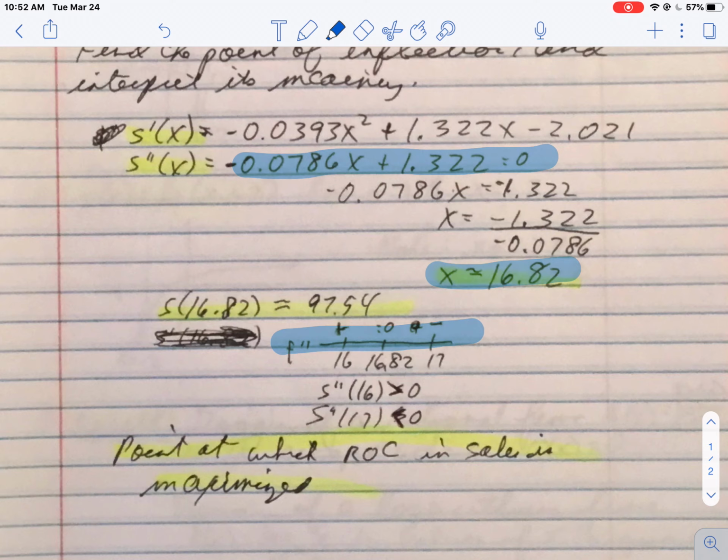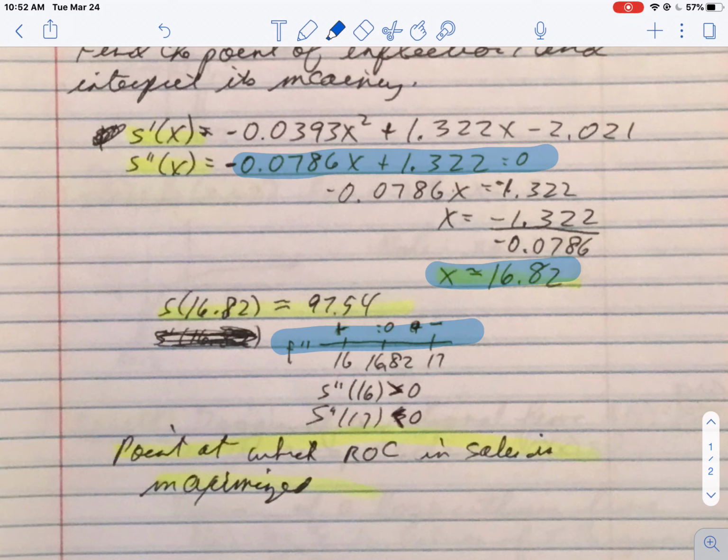Just as with S and S prime, if S prime changes from positive to negative, that means S has a relative max, right? Well, if S double prime changes from positive to negative, then that would be a location of a max for S prime. Right? So, I mean, it's always relative to the previous function.